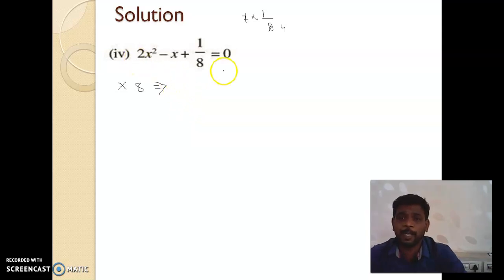Okay. So when you multiply throughout with 8, it will become 16 x square minus 8x plus 8 divided by 8 equal to 8 into 0. Okay, I multiplied throughout with 8. So this 8 gets cancelled, and 1 will come.